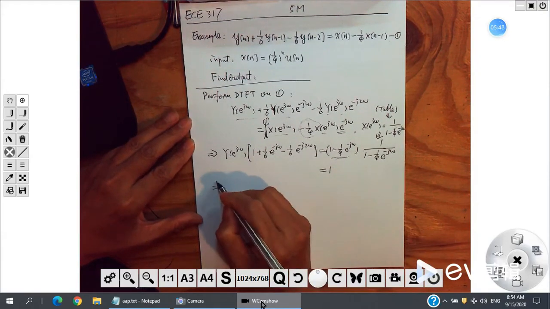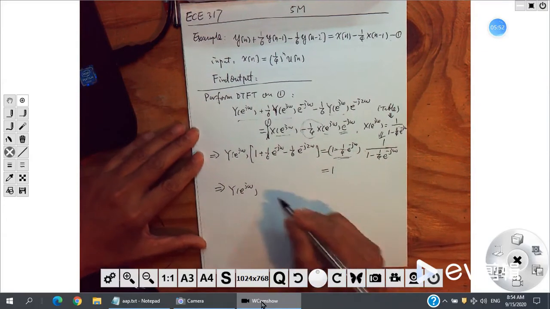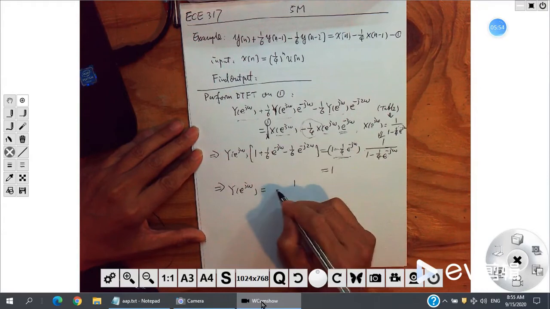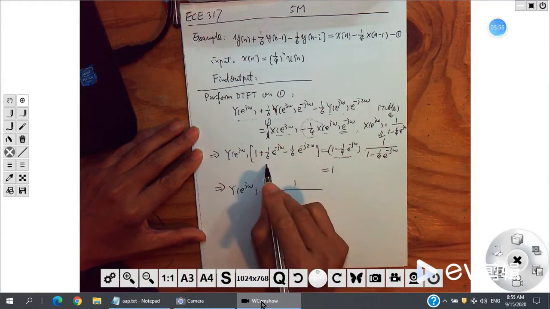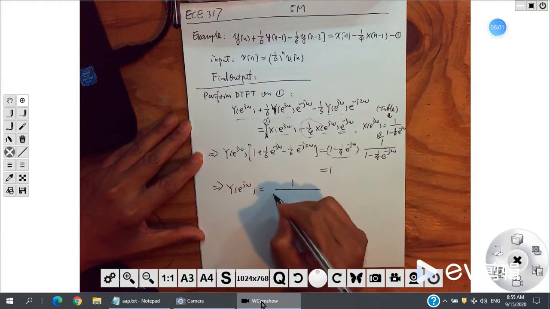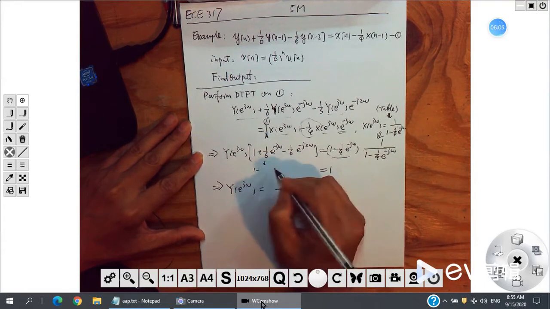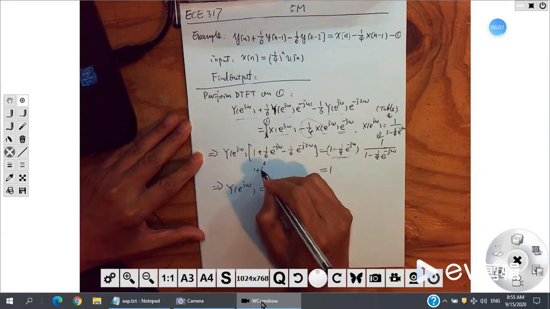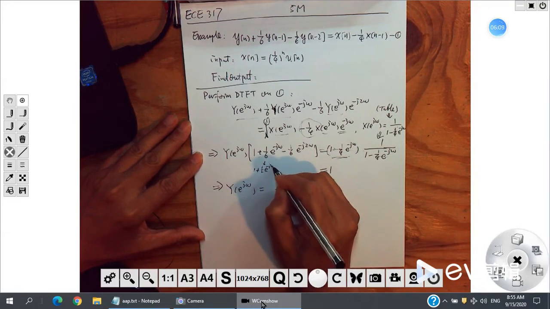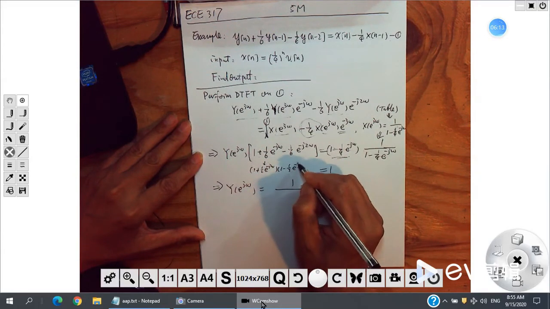Then we can have Y will be 1 over this part. This part we can separate as 1 plus 1/2 e to the negative j omega times 1 minus 1/3 e to the negative j omega.